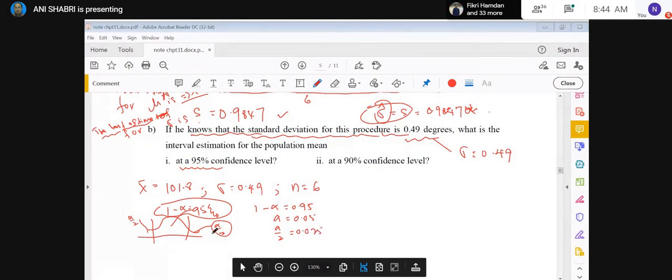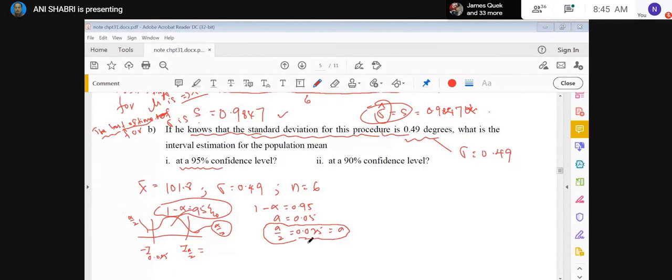Okay, look, this is formula number one. In formula number one, we just use Z alpha divided by 2, which is minus 0.025. Looking from the table, what is the value of Z for alpha 0.025?